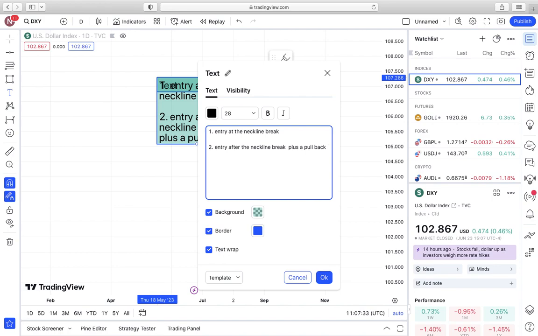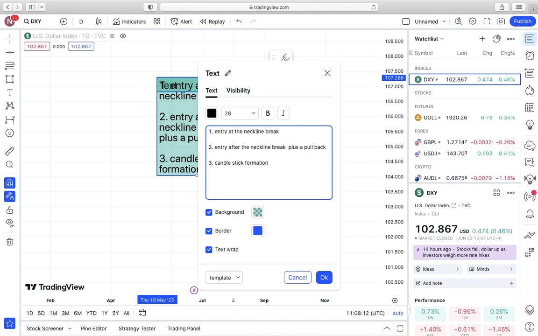Then some people will be waiting for the break of that structure, or they will wait for what we call candlestick formation at that region. Some people will check a double top and they will wait for candlestick formation patterns at that region, which means when the candlestick formation there is showing a reversal after formation of a double top, some people won't wait for the neckline break.